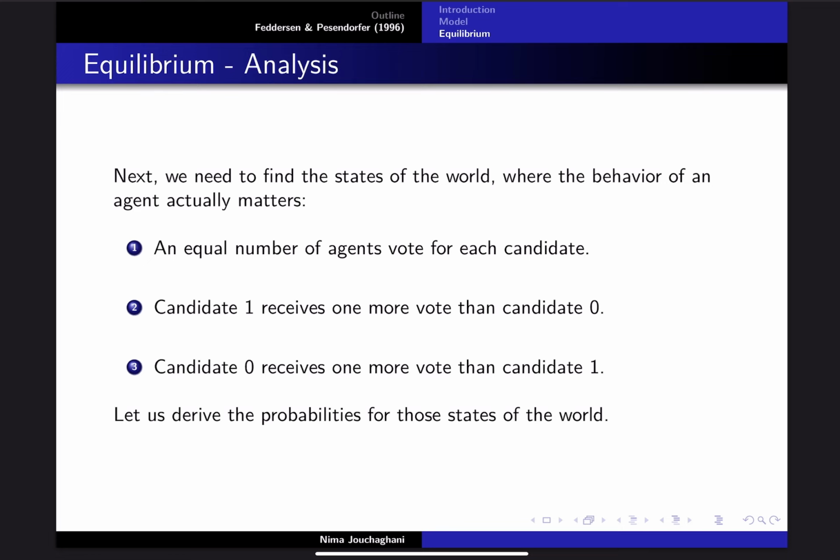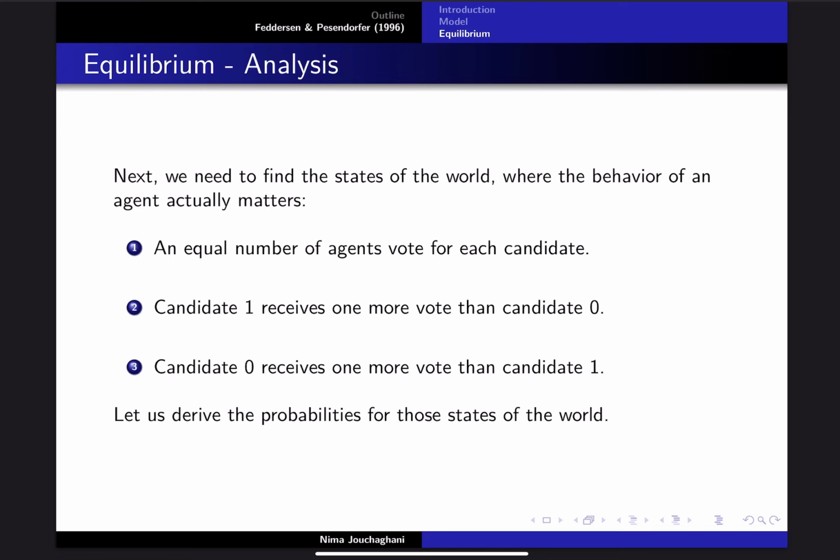Because in this situation, ignoring the vote of the agent that we're considering, the probability for each candidate to be voted is 50%. And if this agent votes for either of the candidates, he changes the outcome of the election because then one of the candidates wins with certainty.